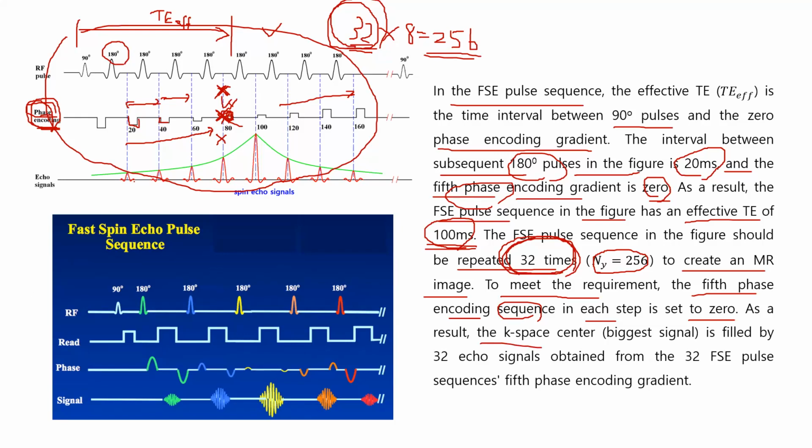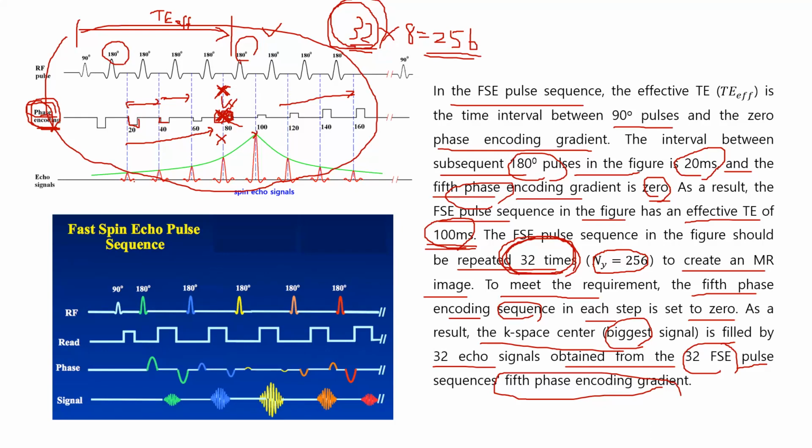As a result, the K-space center is filled by 32 echo signals obtained from 32 FSE pulse sequences with the fifth phase encoding gradient. Before the 180 degree pulse, we applied the phase encoding gradient.